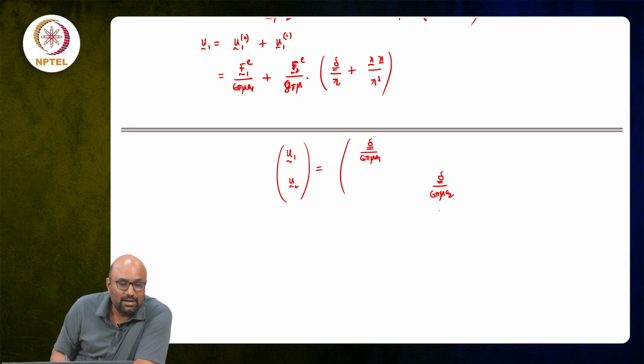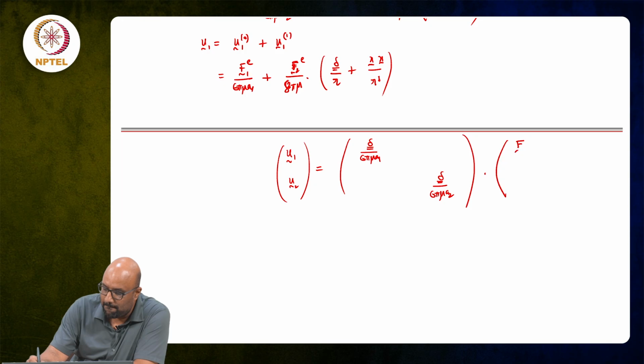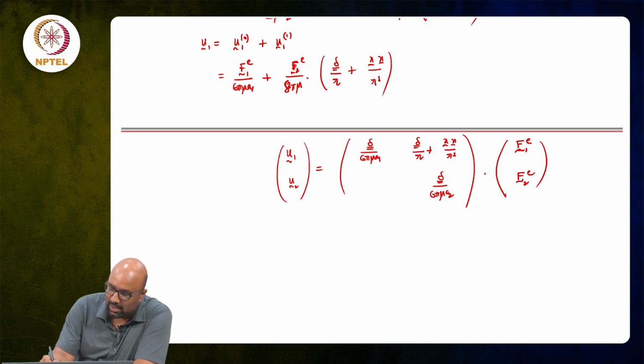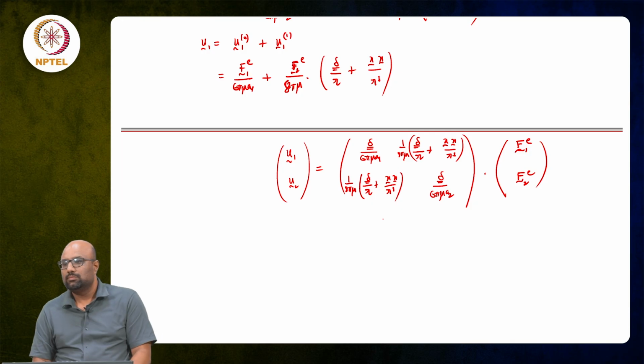These are the diagonal entries of the mobility tensors. But then you have an additional term here, which is delta by r plus xx by r cube with a 1 by 8 pi mu.